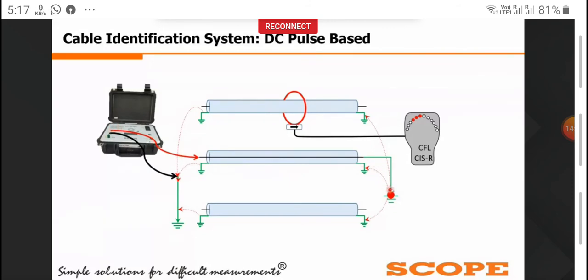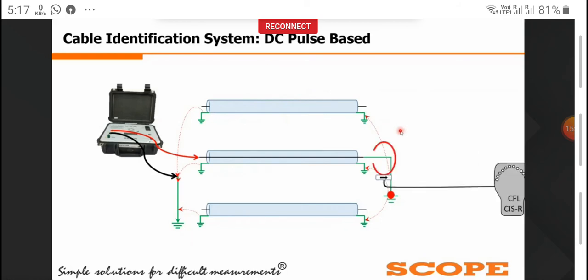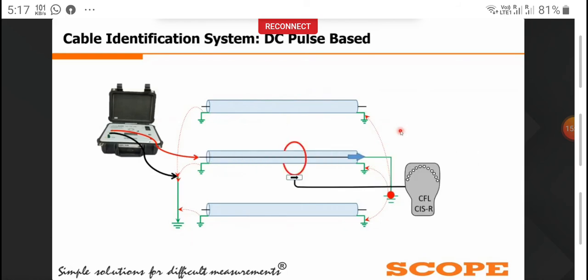That's why the red indication is shown on the receiver, indicating that this is not our wanted cable. After that, whenever we clamp this flexible clamp on the wanted cable, the current flows in the forward direction, the same as the CT direction.